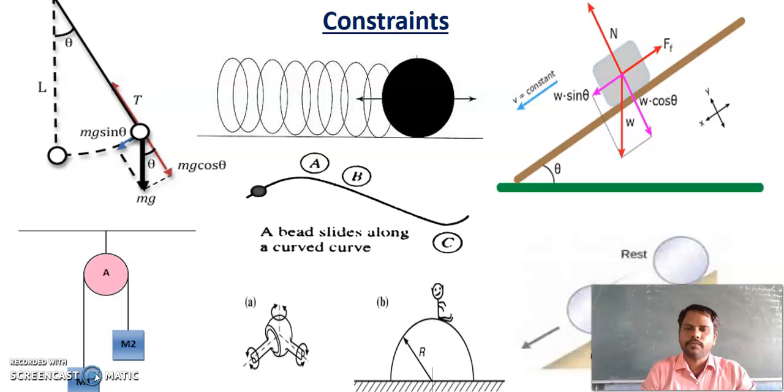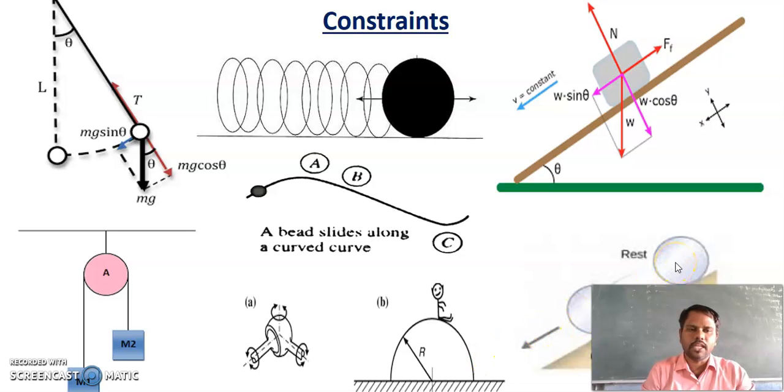Atwood's machine, where masses m1 and m2 are restricted to move only along the surface of a pulley. A bead sliding on a curved surface is in a restricted motion. An object moving on a surface is in a restricted motion.